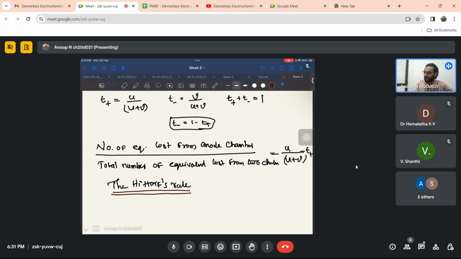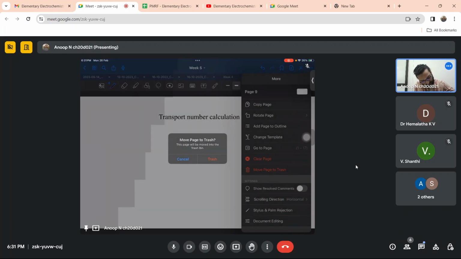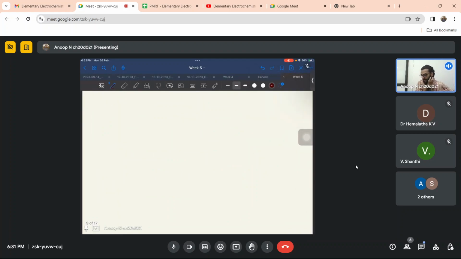In that case, I won't be doing the derivation for the next part. Next part is the experimental determination of transport number. In that, sir has shown two types of setups in the class. The first one: we have two containers, two cells, two compartments.